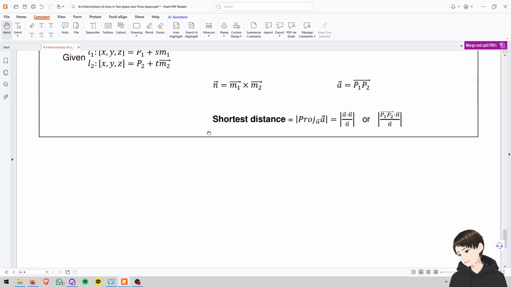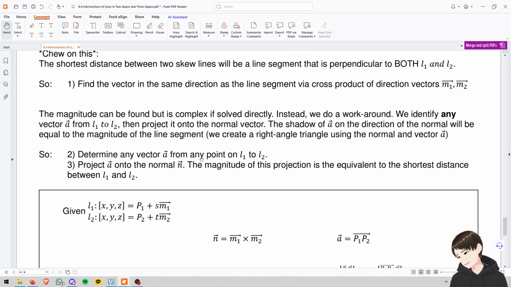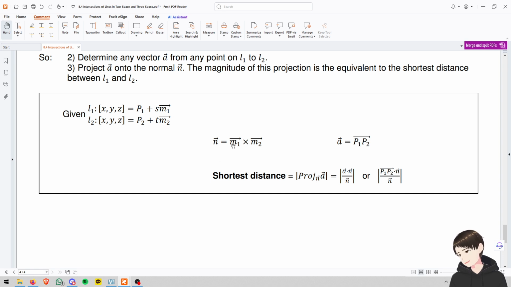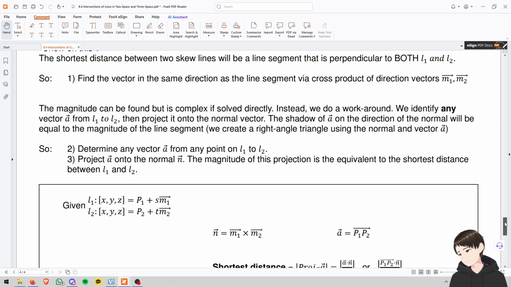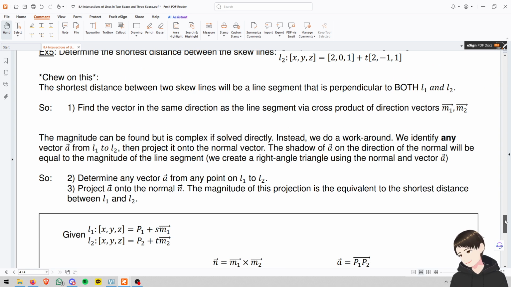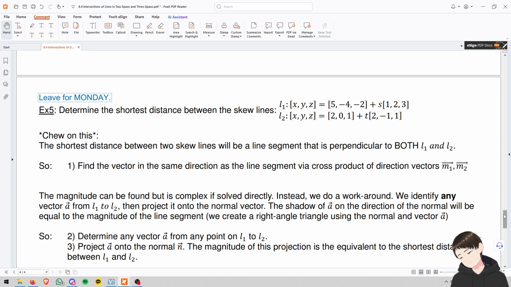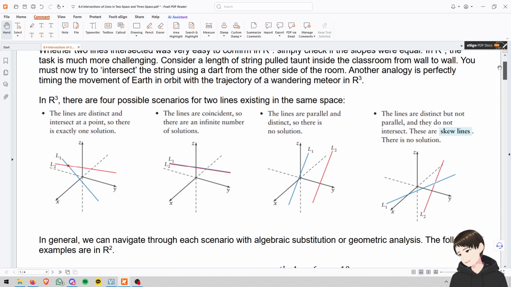Look at the notes on Brightspace, maybe use a textbook, but the concept is the shortest distance between two lines, essentially the skew lines, is actually a projection. It's a dot product, basically. But stay tuned. Hopefully you will come on Monday, or if it's really bad, maybe I'll just make a video. We'll figure it out. Without further ado, let's get into it.